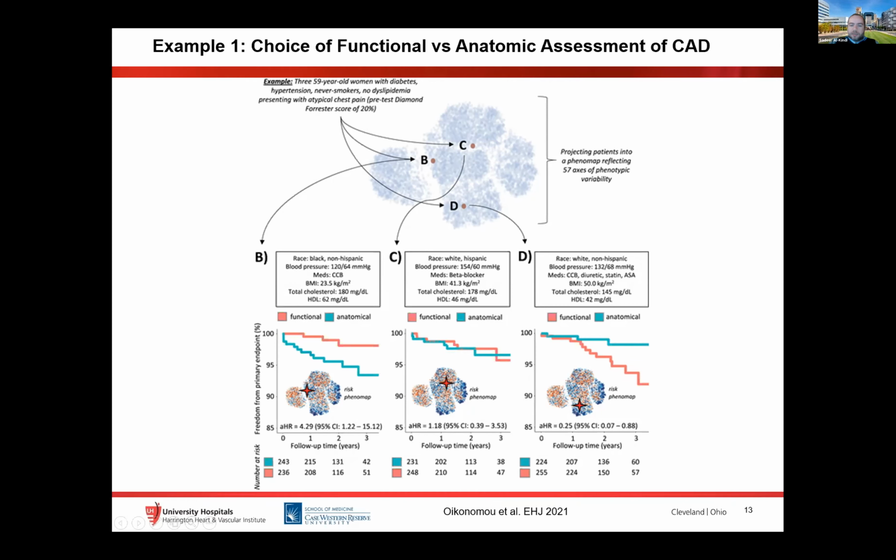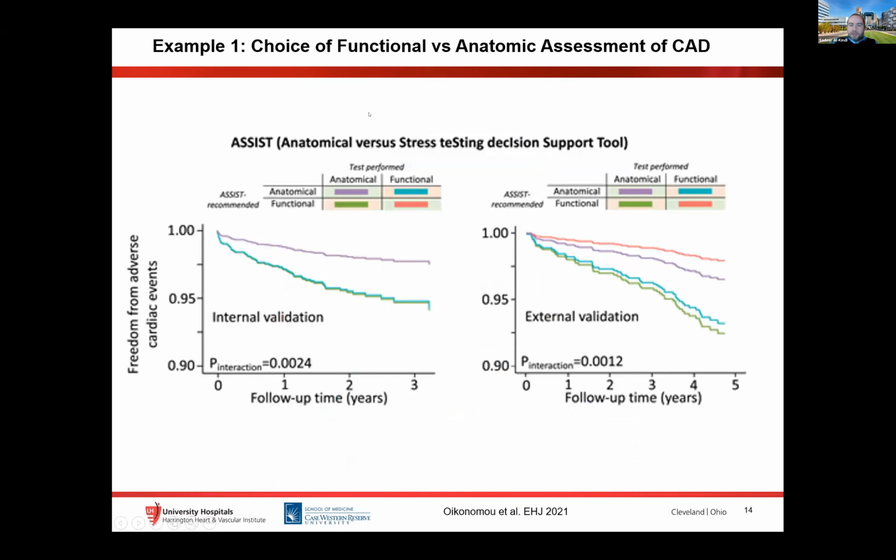So using this technique, you're able to identify the ideal testing modality. And using internal validation, they were able to show that if there was concordance between what test was performed and what the machine learning algorithm recommended, you get better outcomes.